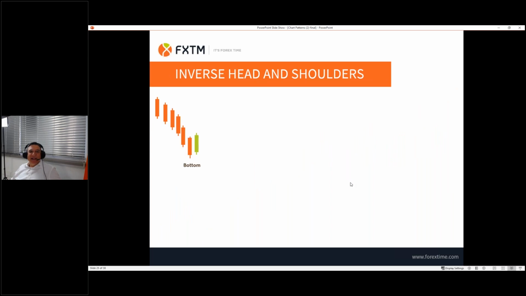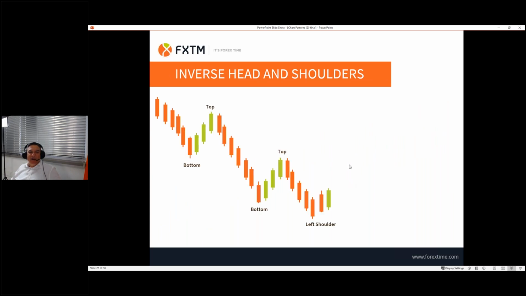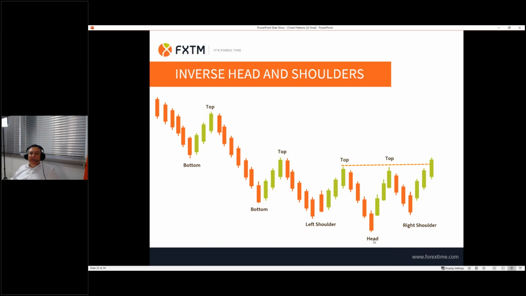Okay, inverse head and shoulders, just like all the other patterns, we identify a downtrend and then we see inverse head and shoulders. Our head, left shoulder, right shoulder, prices go above the neckline.